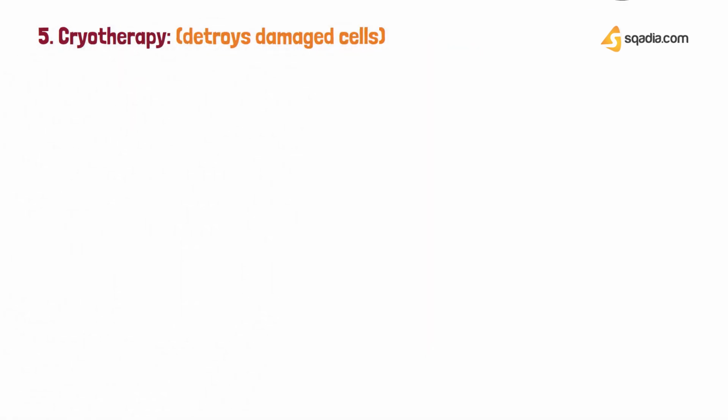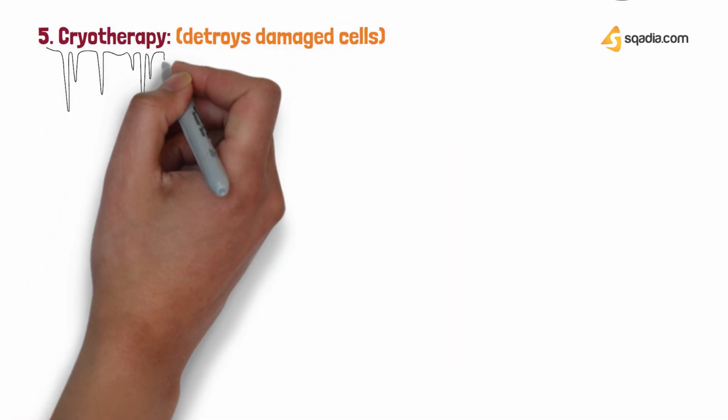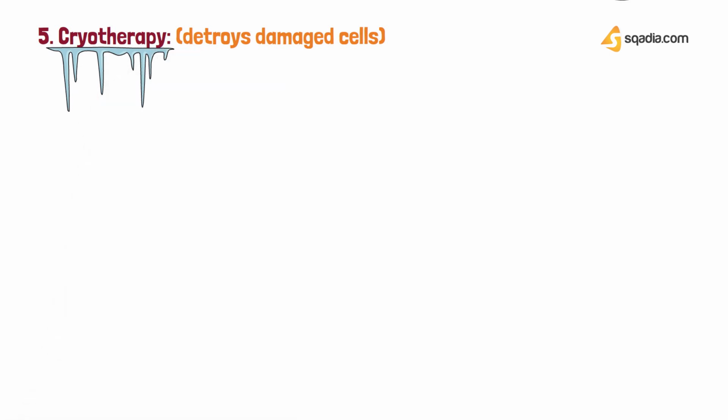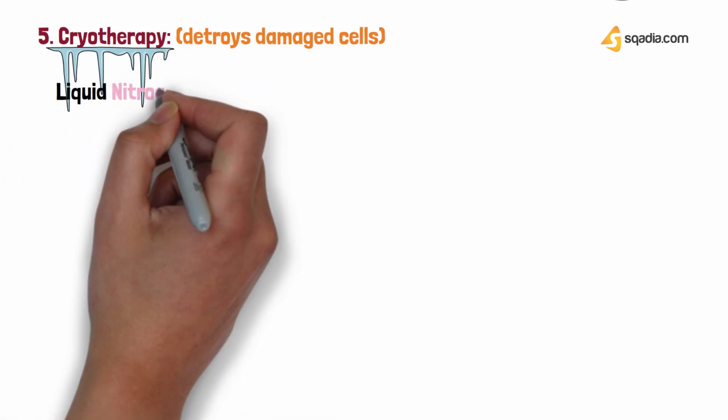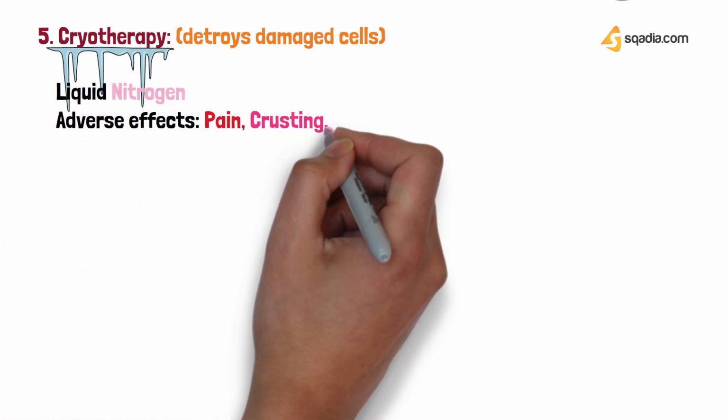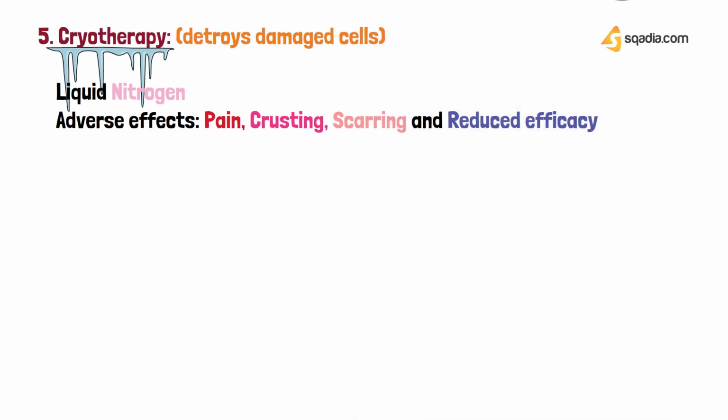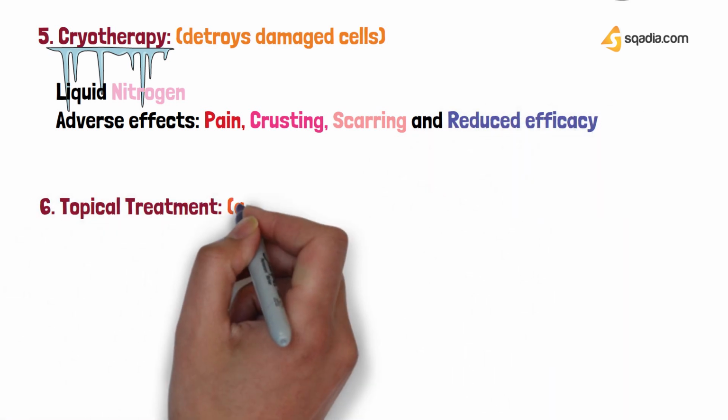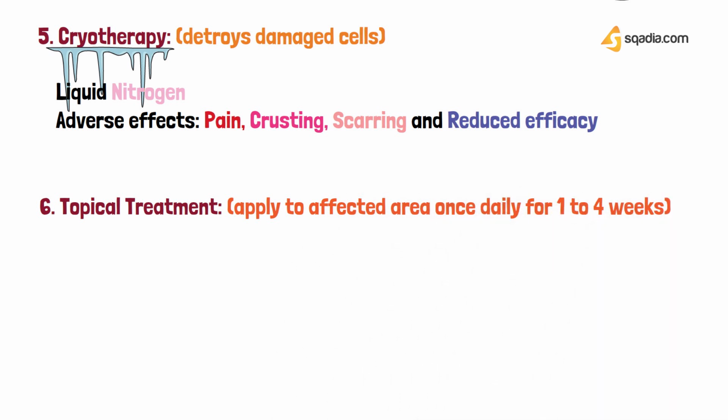Next is cryotherapy. In this, extremely cold temperatures are used to target the damaged cells. Liquid nitrogen can be used, and its adverse effects include pain, crusting, scarring, and it is not very effective as compared to other treatments. And lastly, topical treatment.